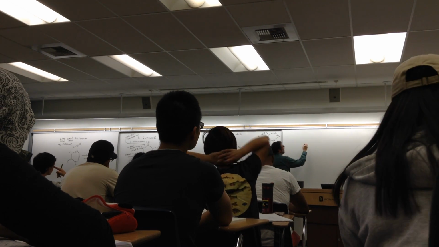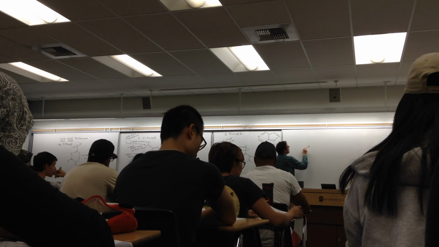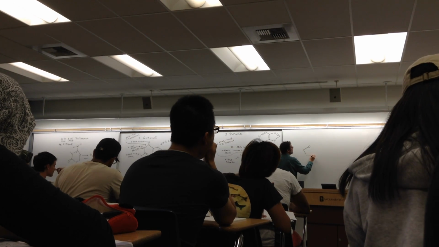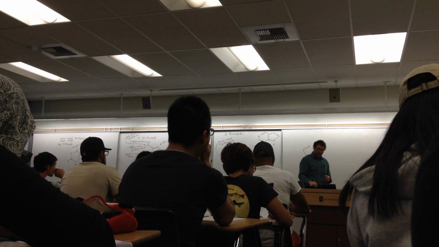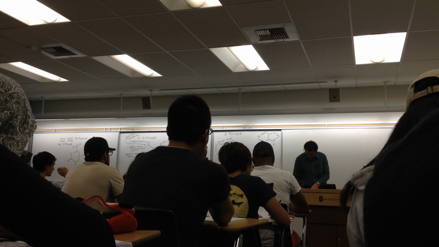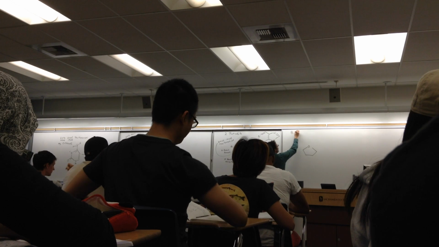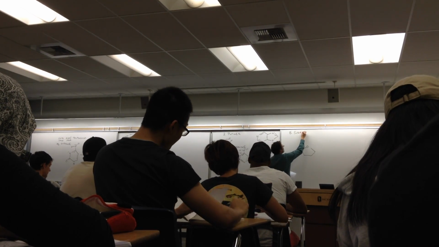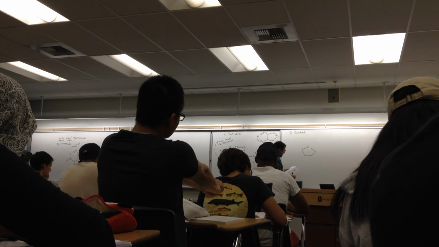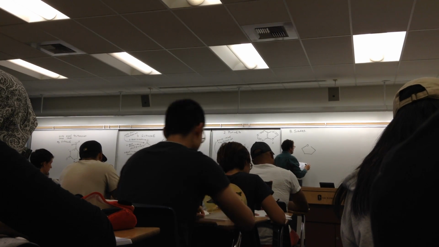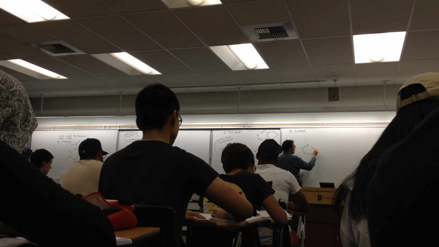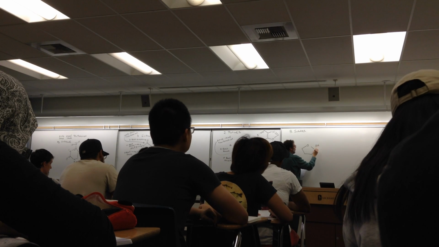A little bit of organizational structure here. So this is B, sugars. A was the bases, B is the sugars. So ribose has this structure.